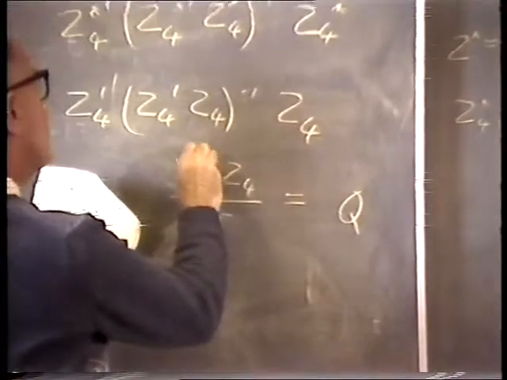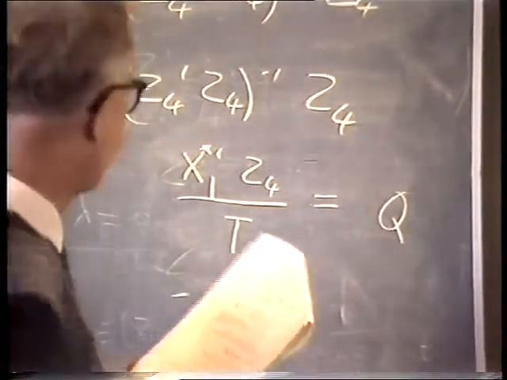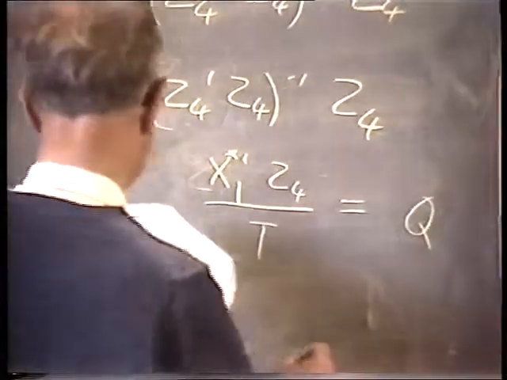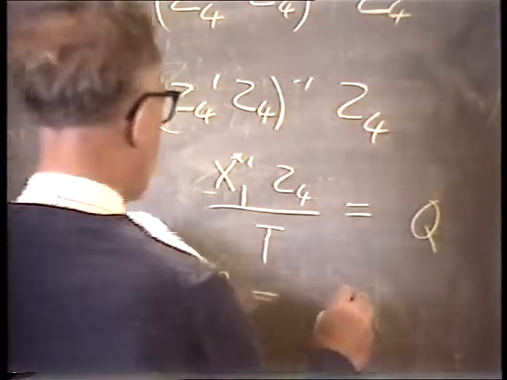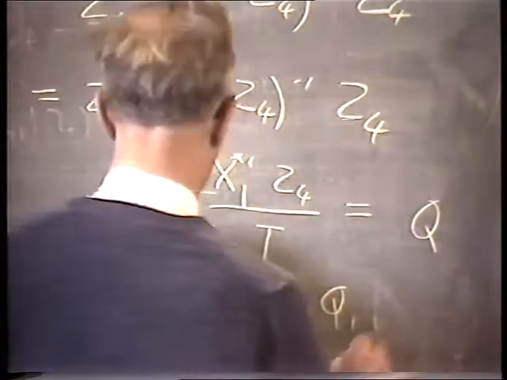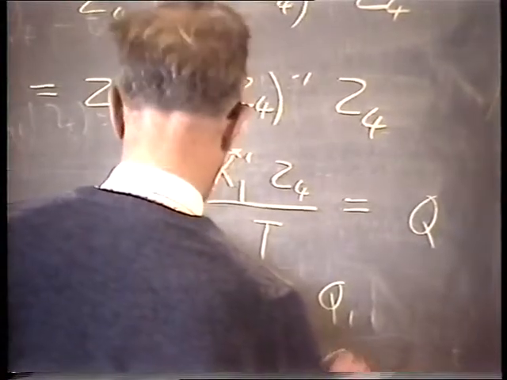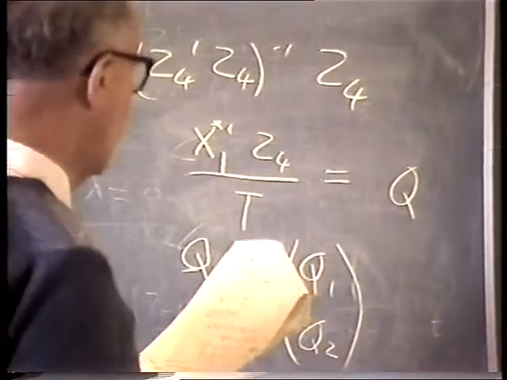Let's see, x1 star prime z4 upon t equals q. And then partition q equals q1, q2.